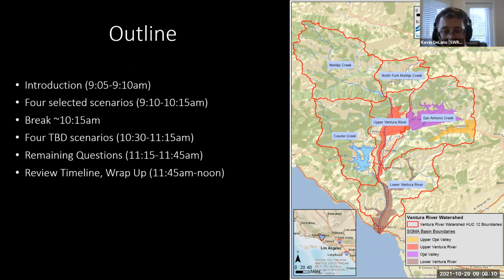We'll break, we'll come back and we'll have a discussion about options for the 4 to be determined scenarios. And then we have more time at the end to follow up with any questions that we didn't resolve earlier or that people want to talk about more. And then at the end of today's presentation, we'll just review our project timeline for the next 6 months and do a wrap up.